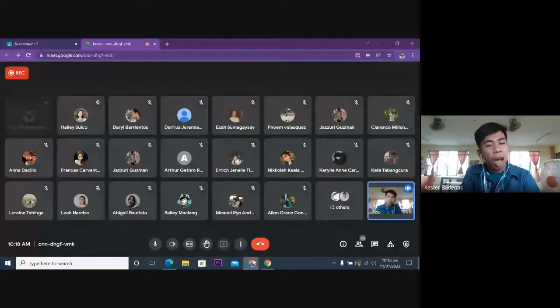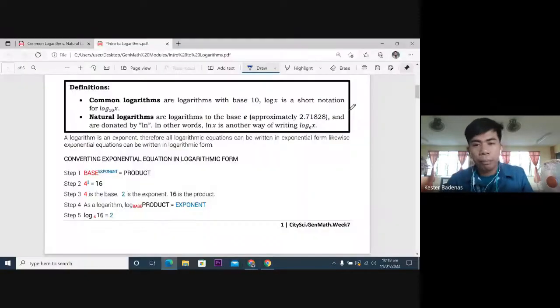What happens, sir, when e is used as the base of our logarithm? It's like this. When we have base e in a logarithm, let's take for example logarithm of 4 with the base e, we will not write this notation.